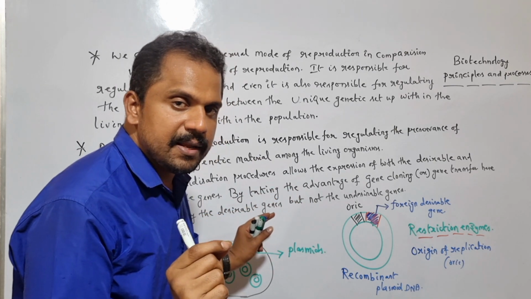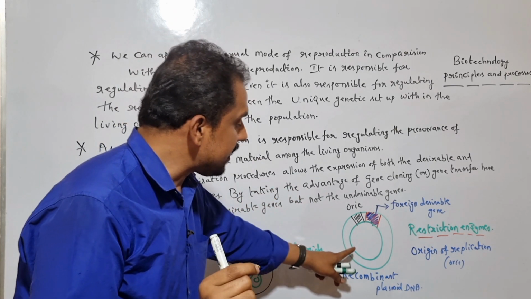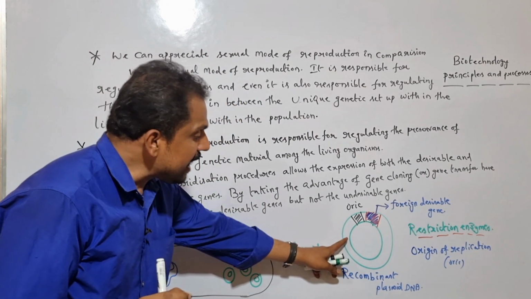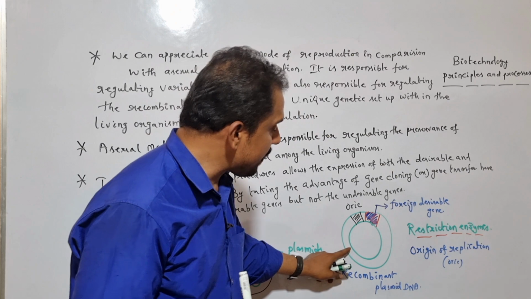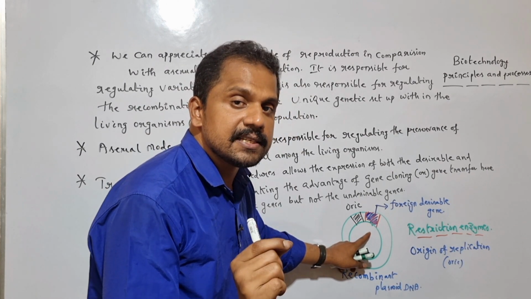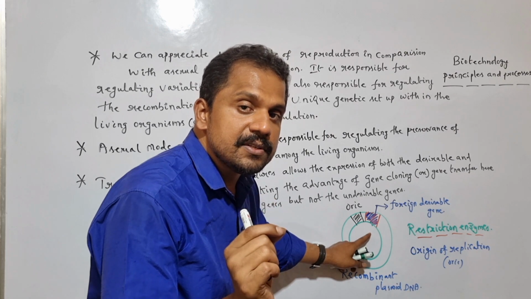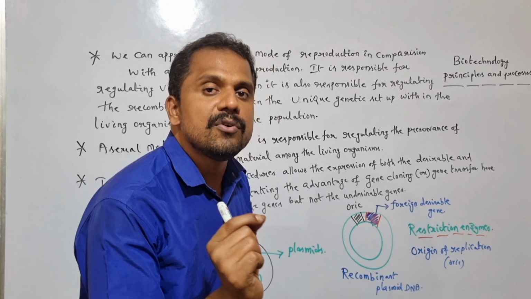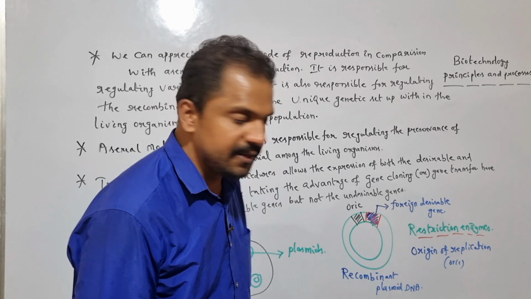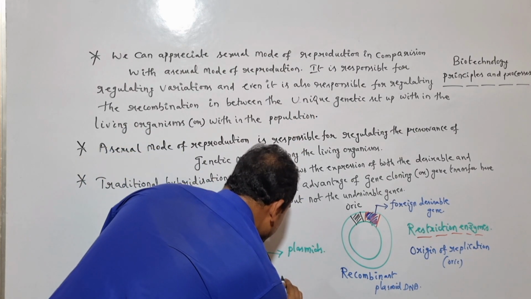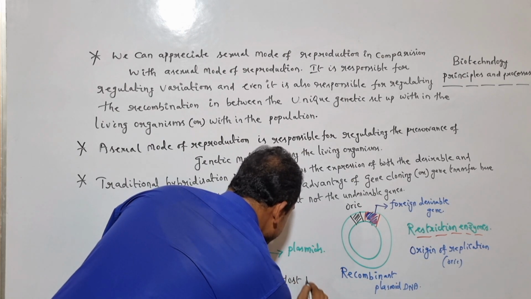After inserting it into the E. coli host, likewise the other genes in the plasmid DNA, even the foreign desirable gene undergoes successful expression within the progeny cells by taking advantage of a specific enzyme termed host DNA polymerase. Is it clear? So let me write it here. Host DNA polymerase.